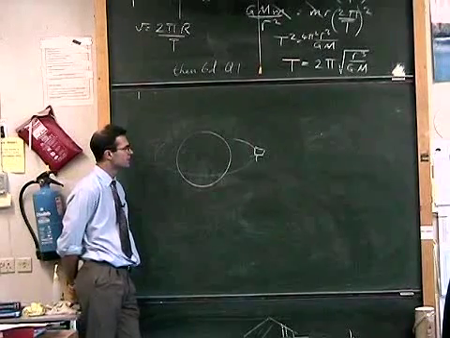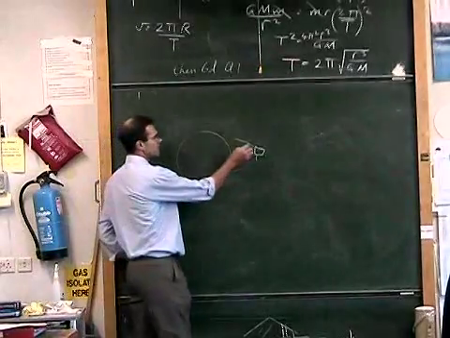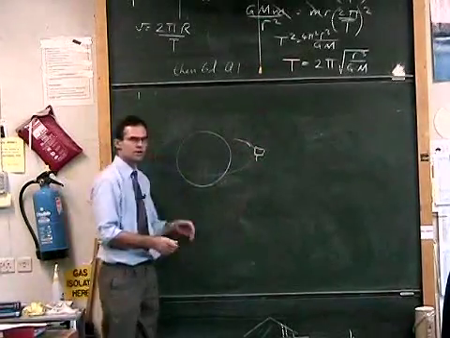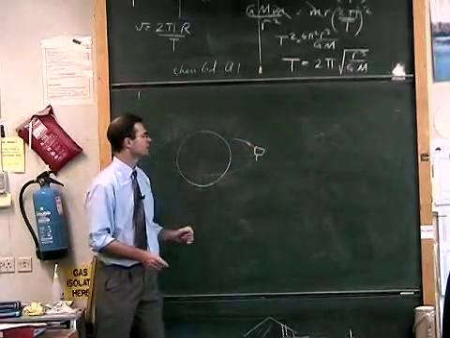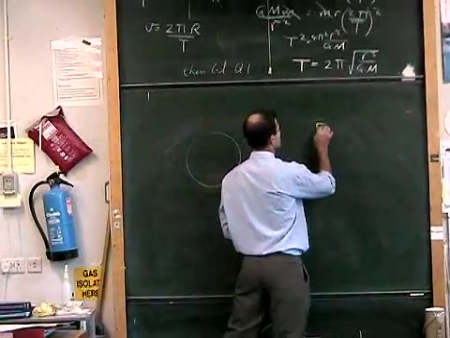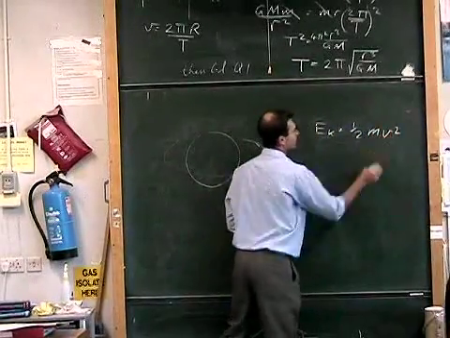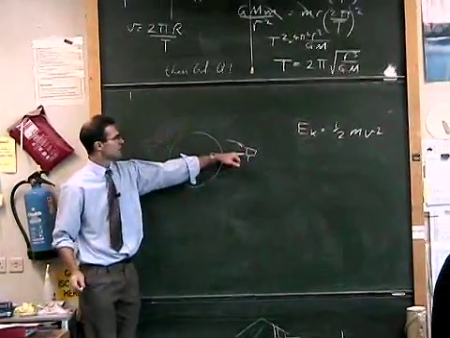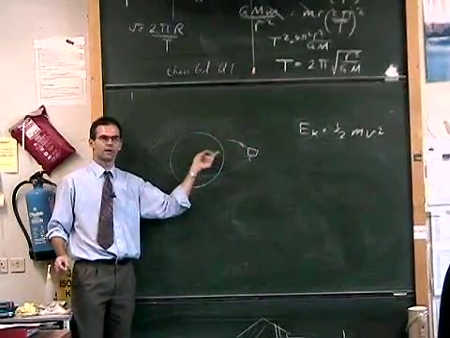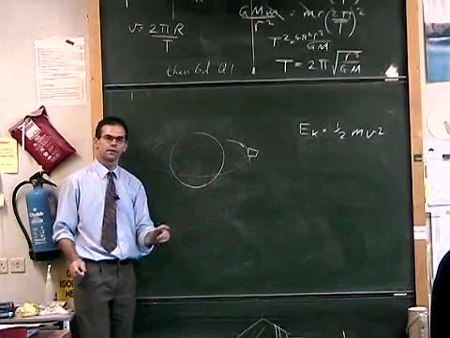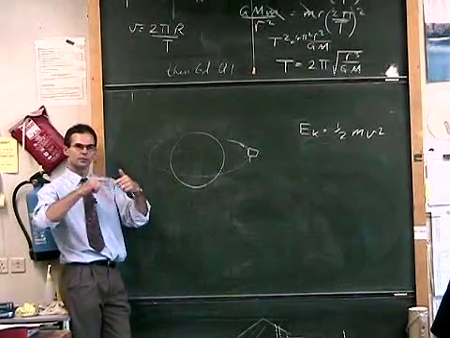Well, it's got kinetic energy just by virtue of the fact that it is moving, that it's got this linear speed at any particular point, half m v squared. You could express that as the rotational kinetic energy that it's got because it's just a single point mass going around the planet. It would also have rotational kinetic energy if it was spinning at the same time.